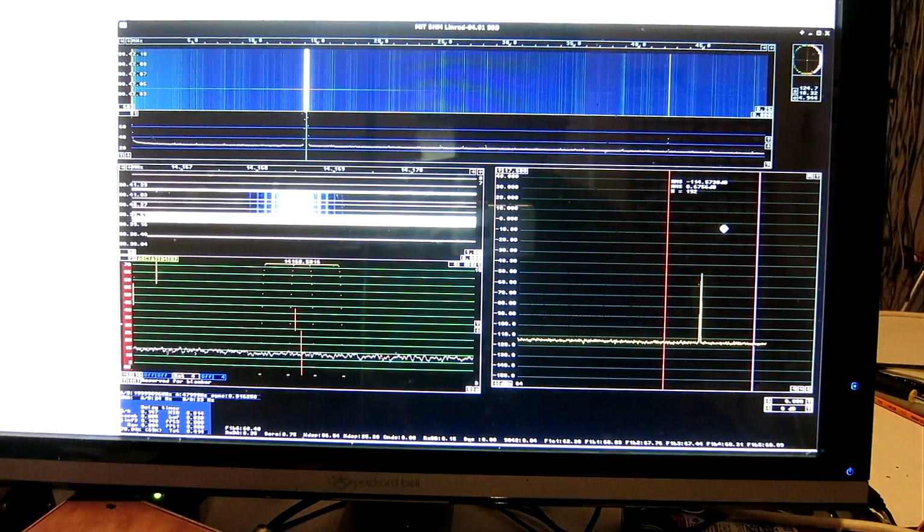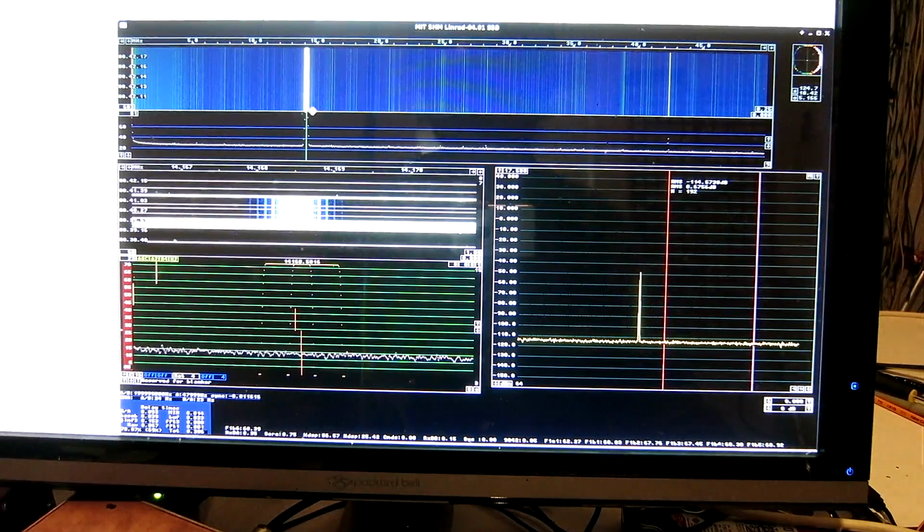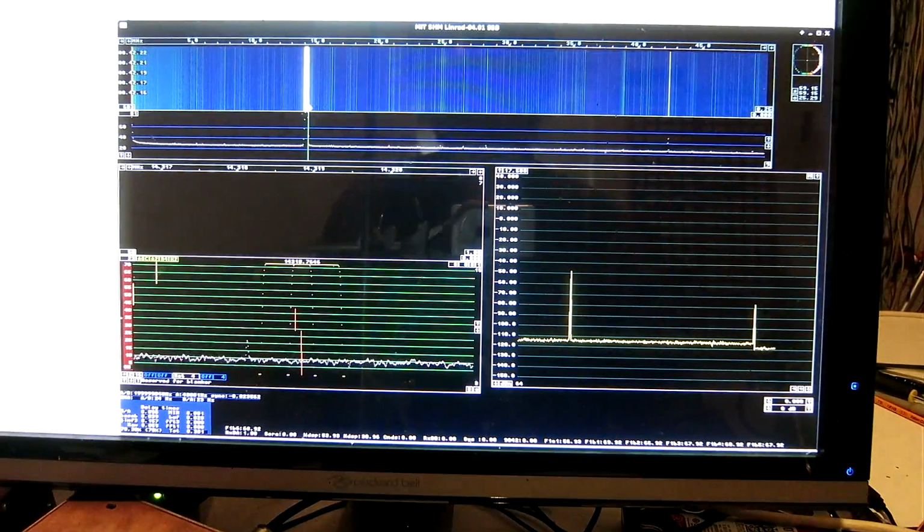So I can go to 100 kilohertz away, that is 14.258. That's too far. 258 here.